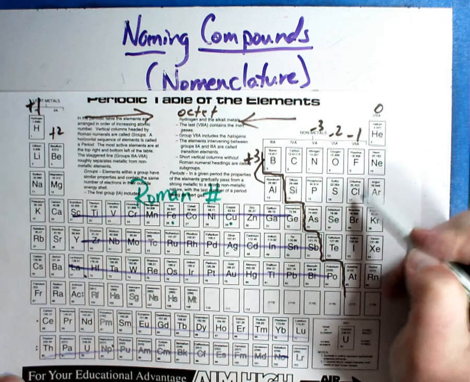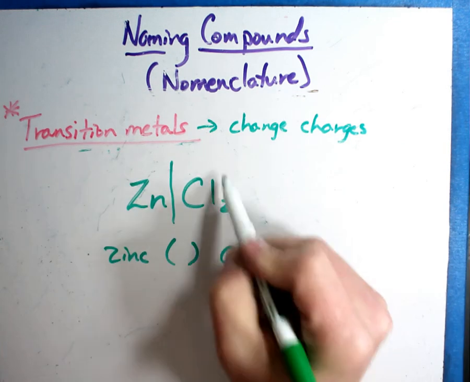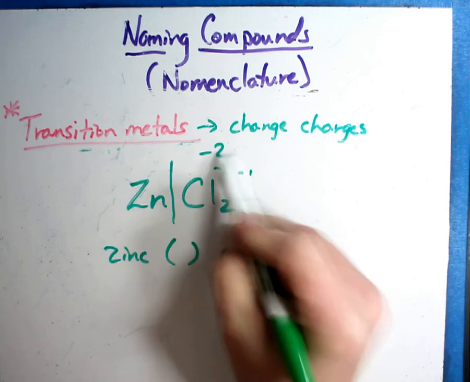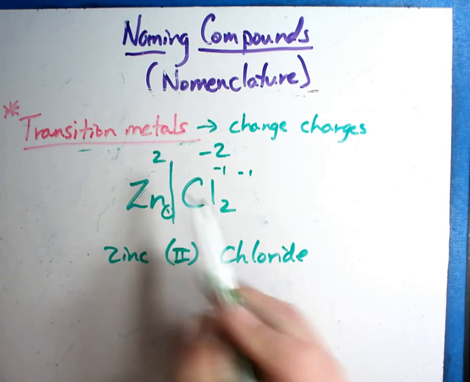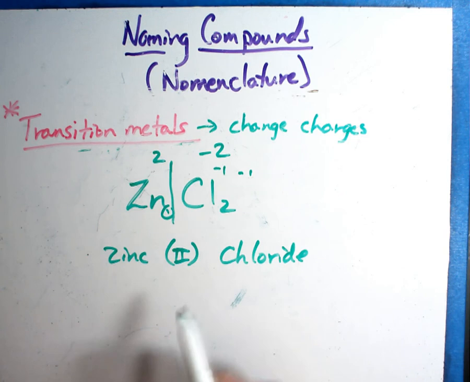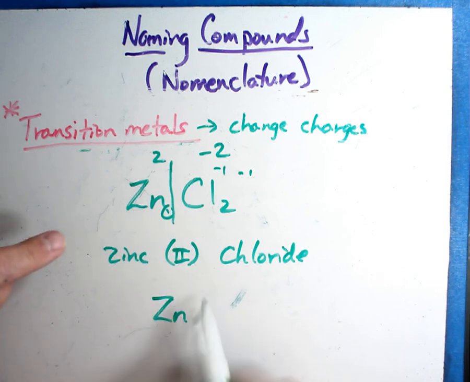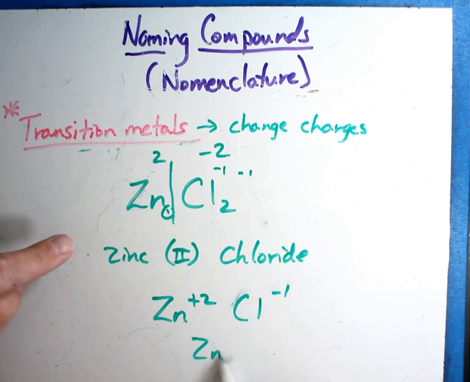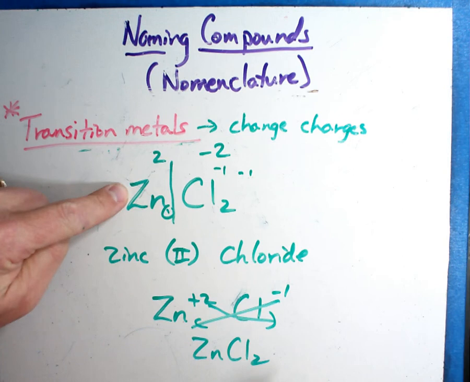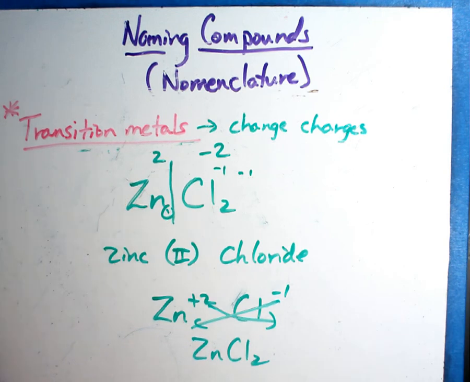Chlorine is -1. And there's 2 of them. -1, -1 is -2. So the front half has to be a +2. And there's only one of them here. So the zinc was a 2. Now, I can take it and check my work. If zinc was a 2 and chlorine is a -1, when I switch them, I got the answer back. So I can check my work. So zinc had to be +2.